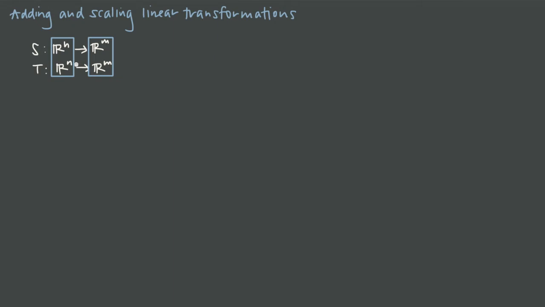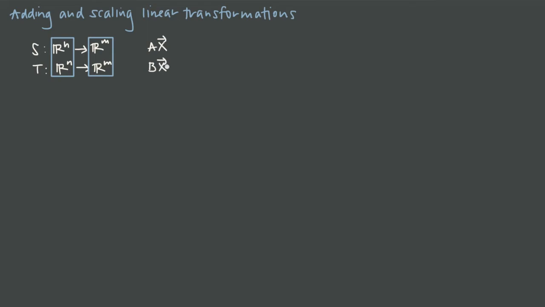So the first thing that we want to remember is that any linear transformation can be written as a matrix vector product. So let's say I have the transformation S, and I go ahead and write it as the matrix A multiplied by the vector X. That's how I express the linear transformation S. And then let's say we write T as the transformation matrix B multiplied by the vector X. So we turn S and T into their matrix vector products.